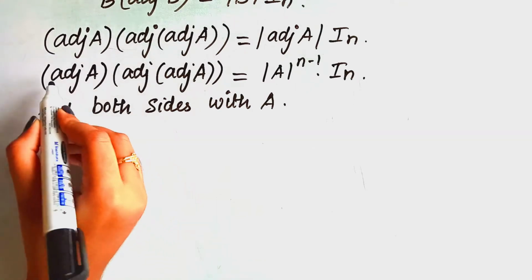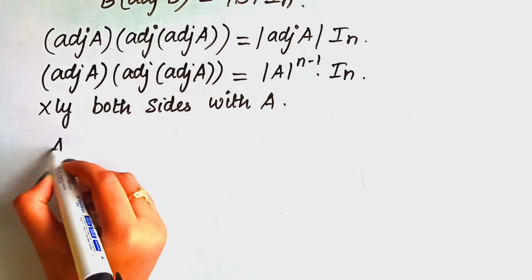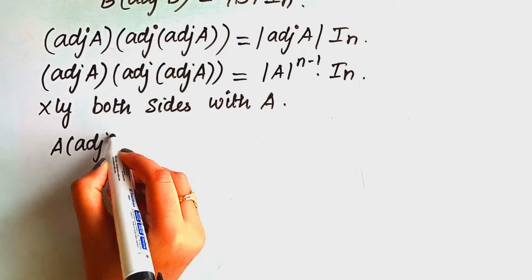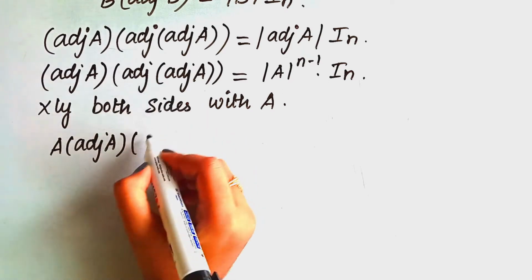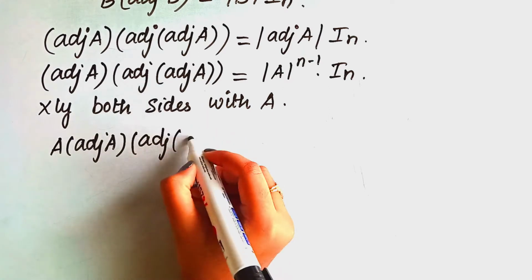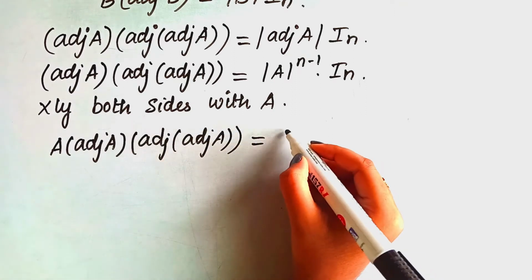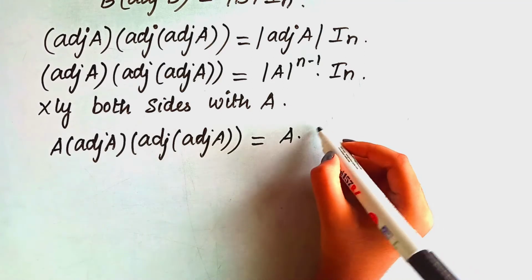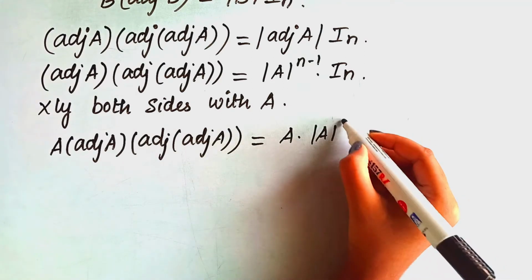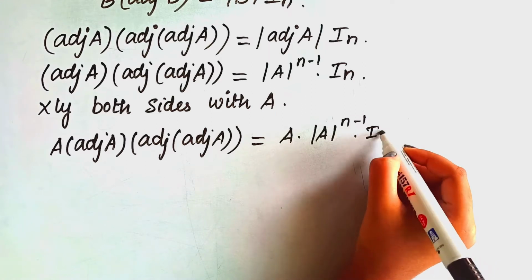So let's multiply here. There will be an A into adjoint A, and then similarly you have to write that here, adjoint of adjoint A, which is equal to, here there will be another A into determinant of A power n minus 1 into In, right?